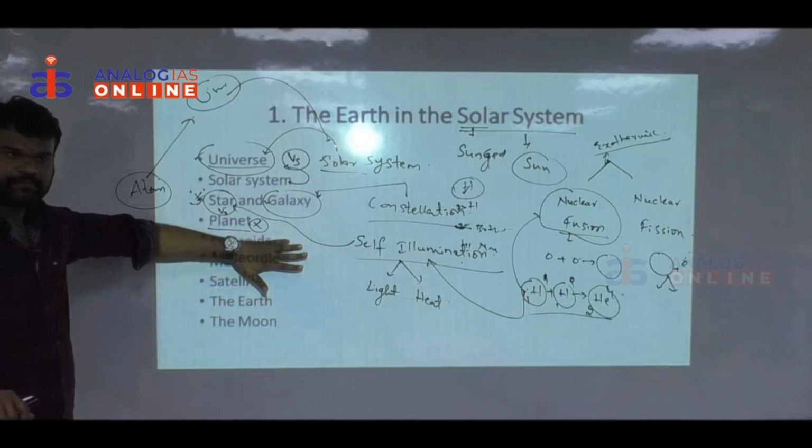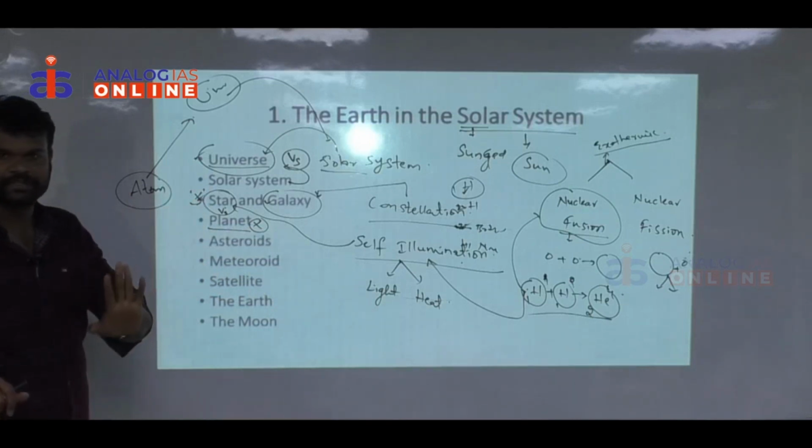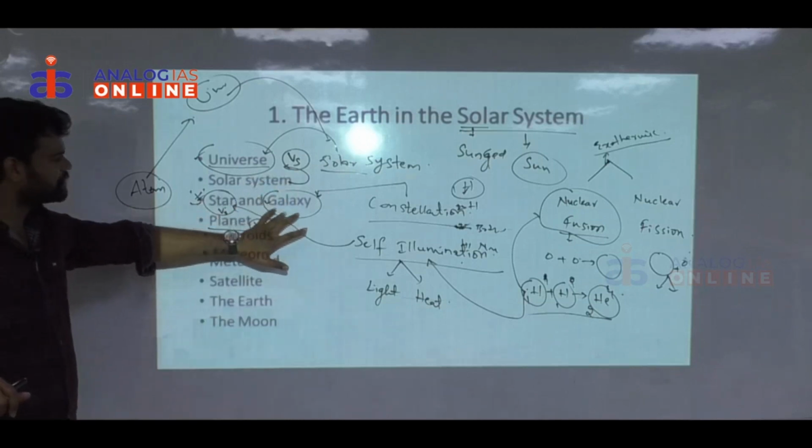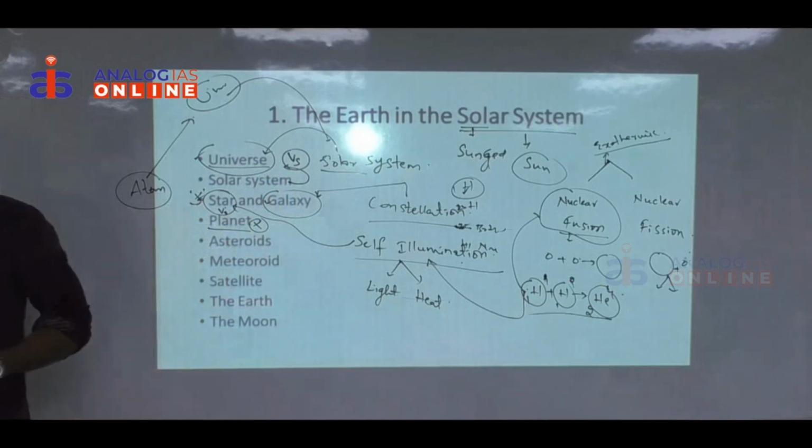We are discussing class 6th NCERT first chapter, that is Earth in the solar system. I am referring to the important terms mentioned in chapter 1. Next, asteroids.